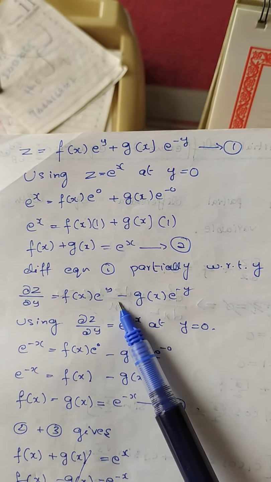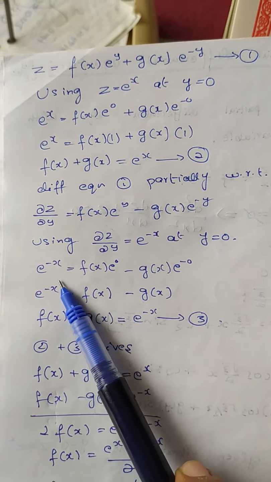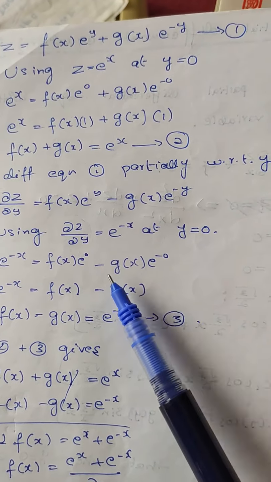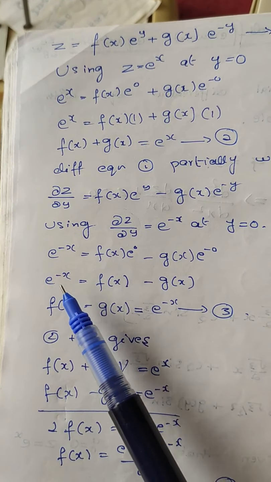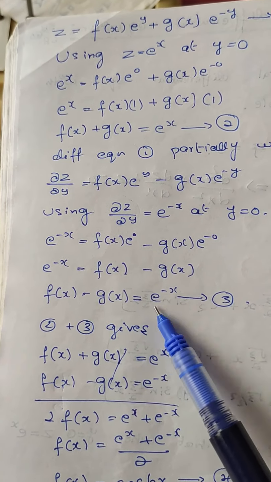Then we get minus g of x into e power minus y. Applying the condition, e power minus x is equal to f of x e power 0 minus g of x e power minus 0. Then we get f of x minus g of x is e power minus x.